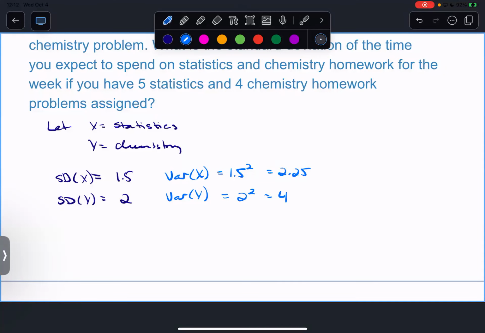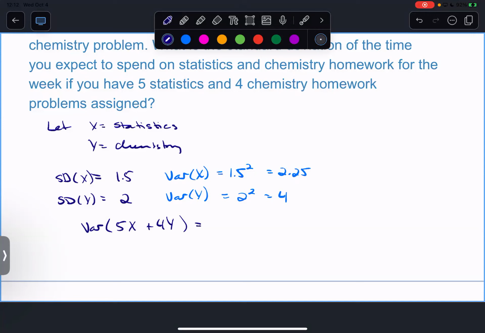Same deal, right? But now I ultimately want to find the standard deviation of the time spent, but my gateway to that is the variance. And so I want to find the variance of 5X plus 4Y, remembering that when I distribute that variance, the variance of 5, if you think about it this way, is 0, because it's one value, it doesn't move around.